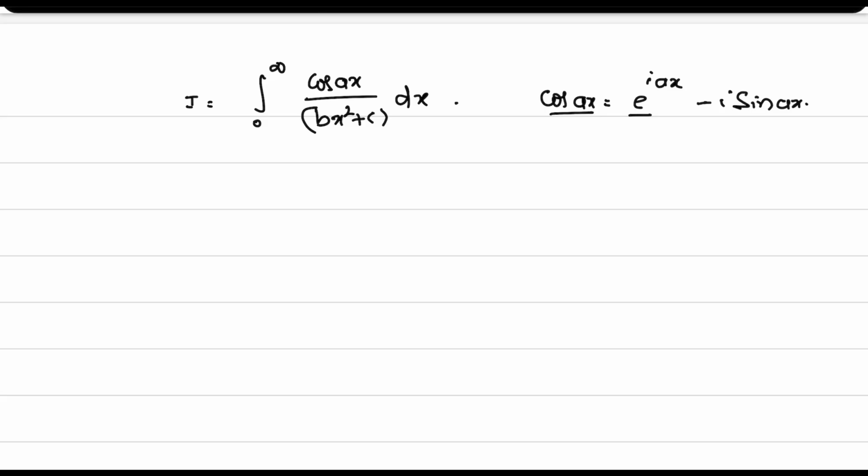If I consider only the real value, then cos ax is the real value. This is the real, this is the imaginary, and this is the value e to the power of iax.